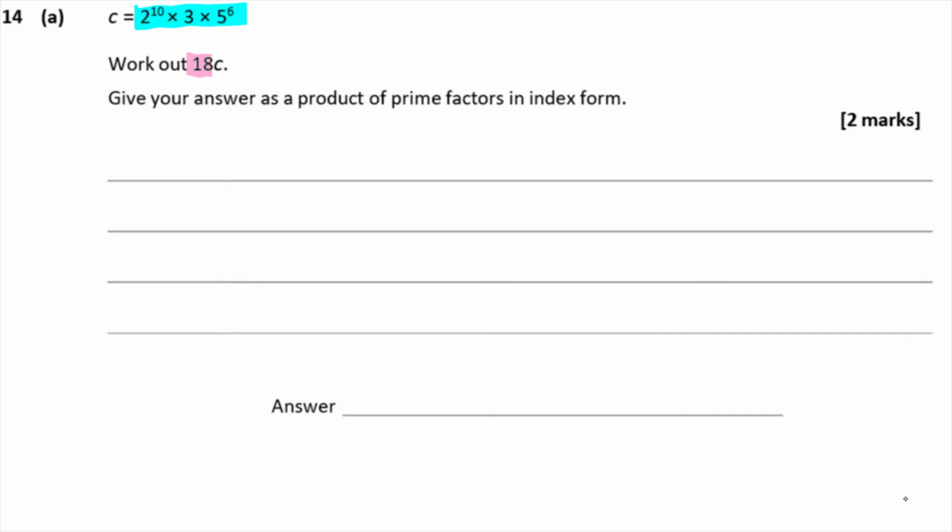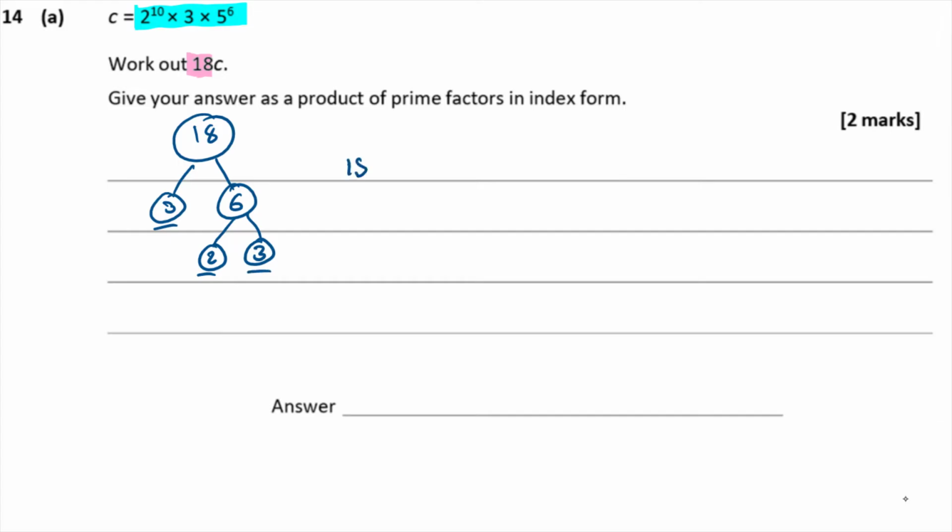Oh yes, we can. If we take 18, what can I multiply together to give me 18? I could have 2 and 18, or I could have 6 and 3. Let's go 3 and 6. It doesn't really matter which way around we do it. And then 6 you can multiply together to give you 2 and 3, and 3 and 2 and 3 are all prime then, aren't they?